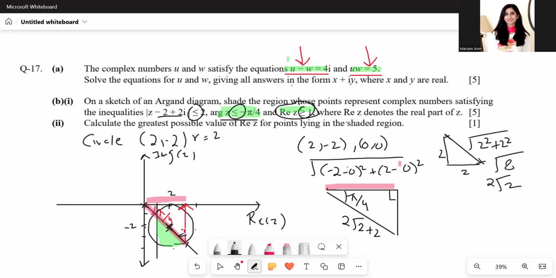So we will use cos. So cos pi by 4 is equal to adjacent over hypotenuse. When this is solved, we get 2 plus root 2. So this would be the answer.